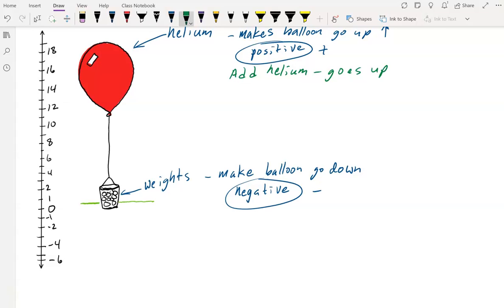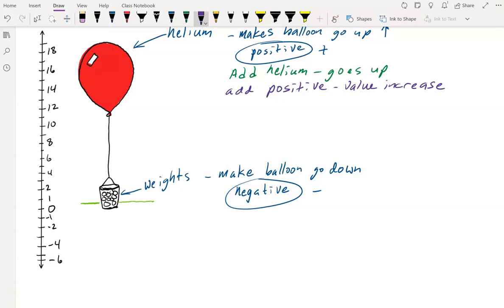So if helium represents positives, that means that if you add positive integers to the number that you already have, the value that you have increases.